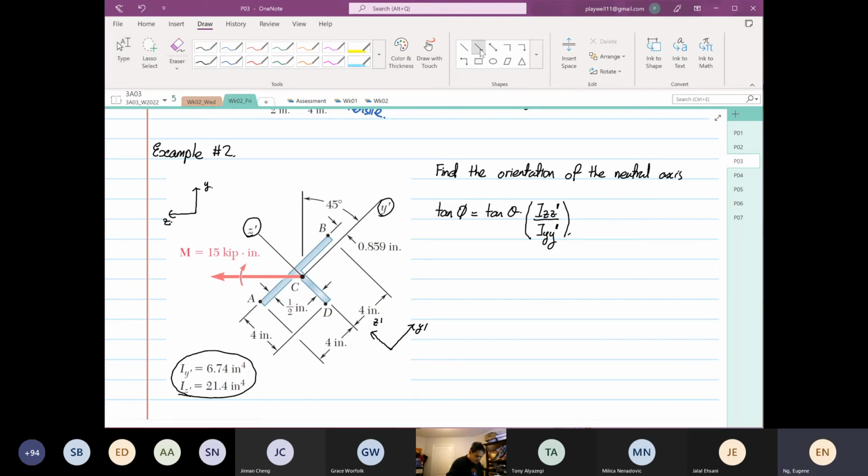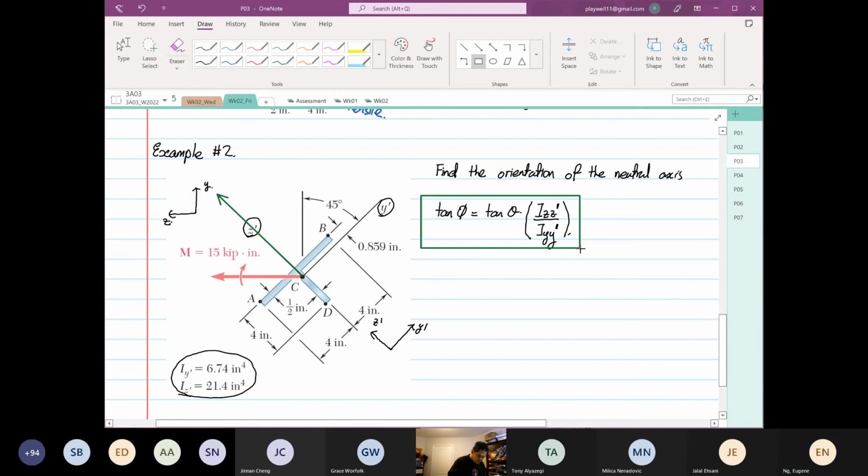This axis over here controls the orientation of the magnitude of the moment and the position of the neutral axis. If we're going to apply this formula, get this straight. If you don't get this right, it can get very, very confusing. Any questions so far?